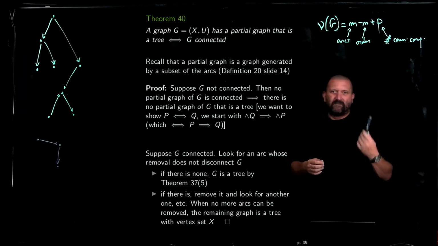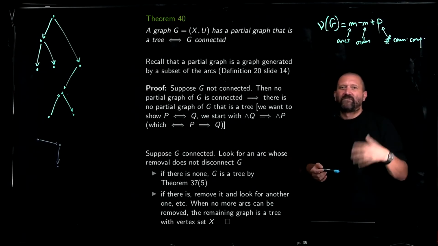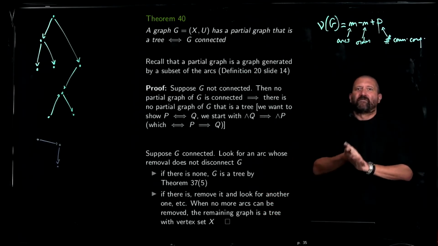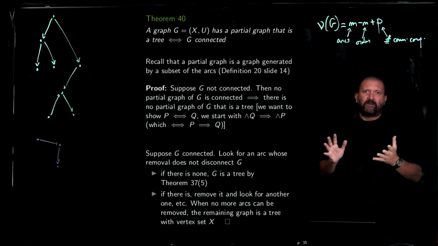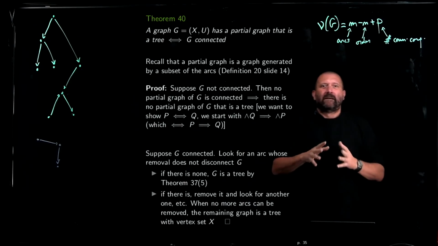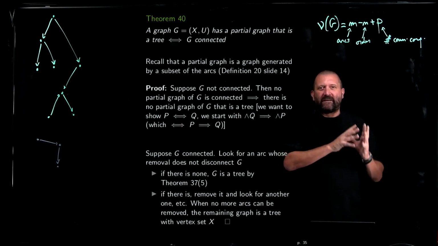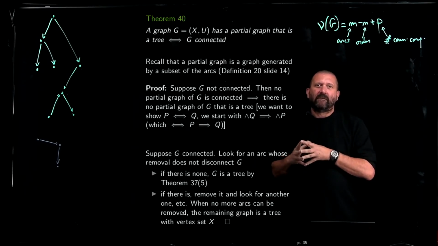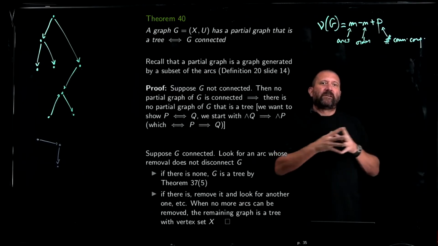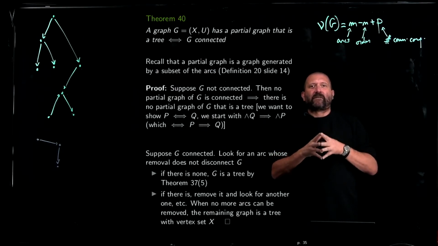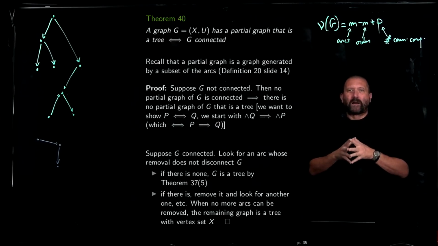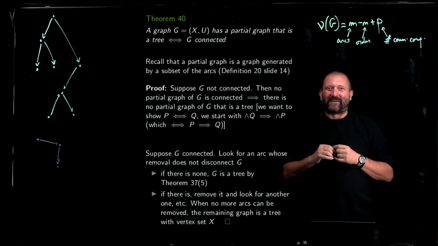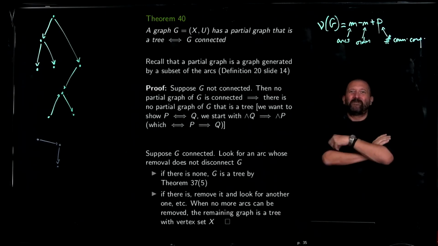And this is used indirectly in the following. Suppose that I have a graph G. Then it is equivalent for that graph to have a partial graph that is a tree and for G to be connected. This is going to take a little while to process, mindful of the time, but we're doing good.